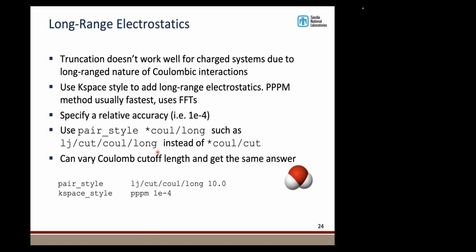And so in LAMMPS, this would be the LAMMPS command. And the nice thing about the long-range electrostatics is you can actually vary the Coulomb cutoff, but if you include the K-space method, then you'll get the same answer. And so this is just a way to more accurately model point charges in LAMMPS.